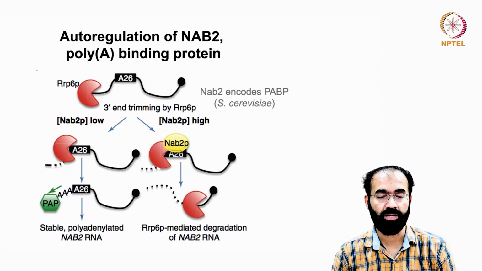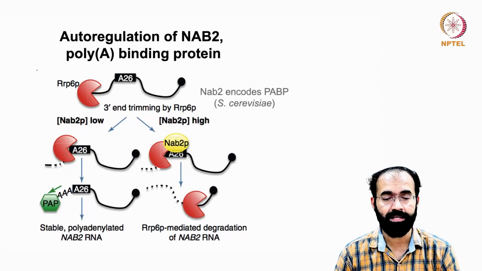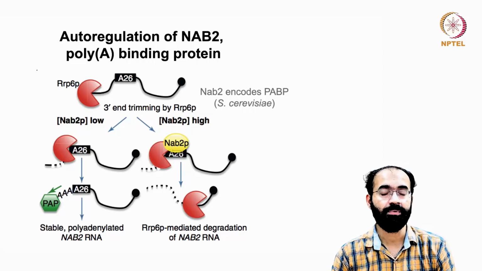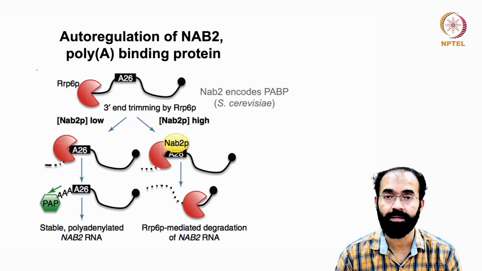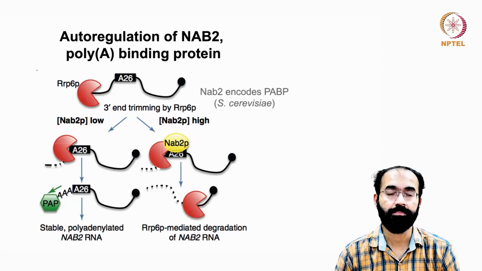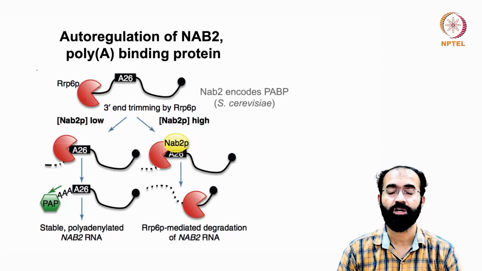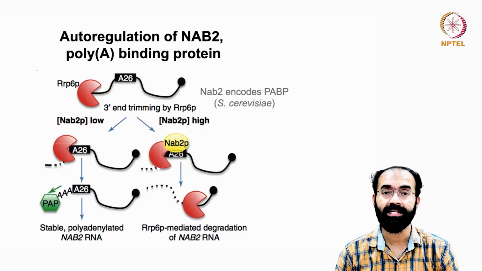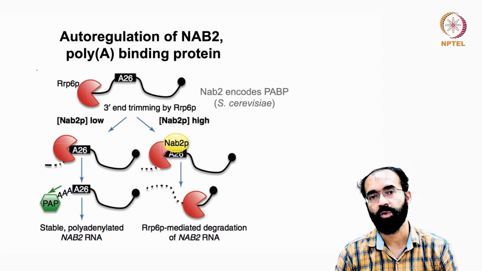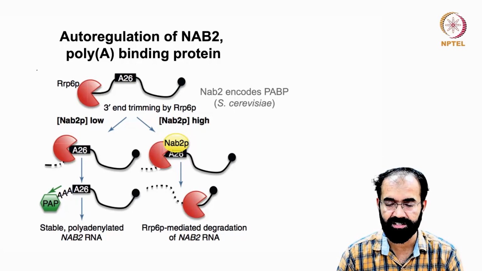So this is the autoregulation. When more NAB is there, the NAB2 RNA will be unstable, and if NAB2P protein is not available because of its low abundance, then A26 is free. So no more NAB2P is binding onto that A26 region and the poly A polymerase will continue its extension.